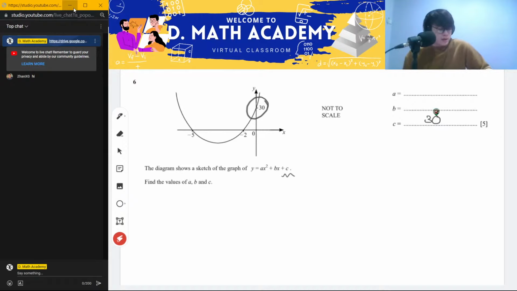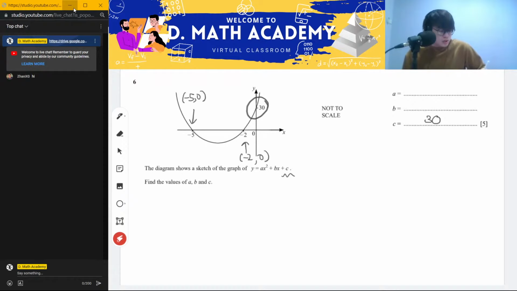And then the next thing that I can do to this question is to utilize the negative 5 and negative 2 that were given to us there. So these 2 points have something in common. This is where x is negative 5 and y is 0, and this is where x is negative 2 and y is 0. So the normal way will be running the substitution.